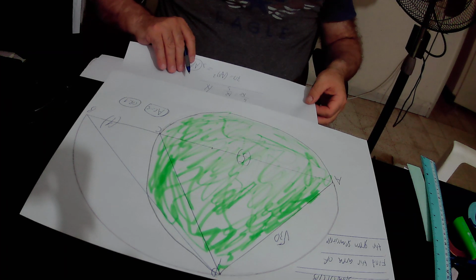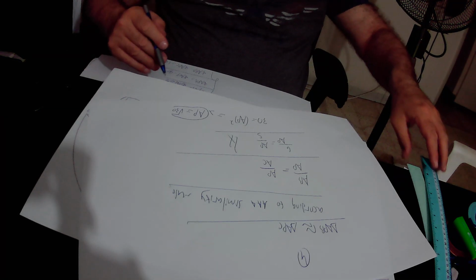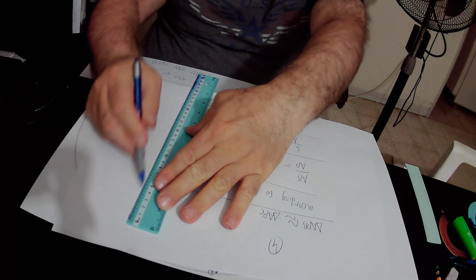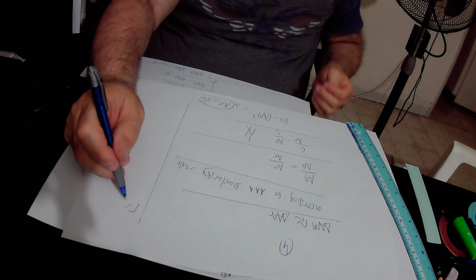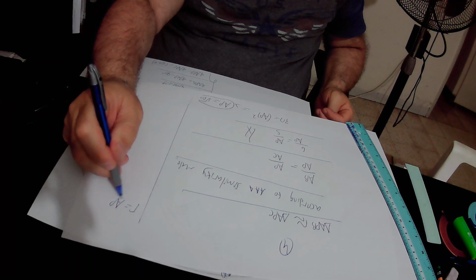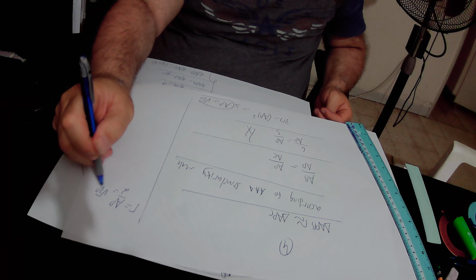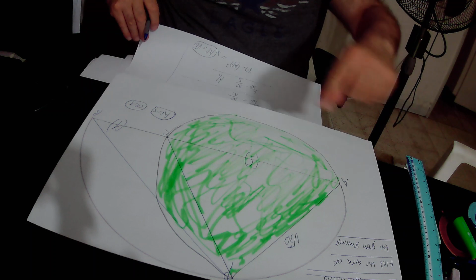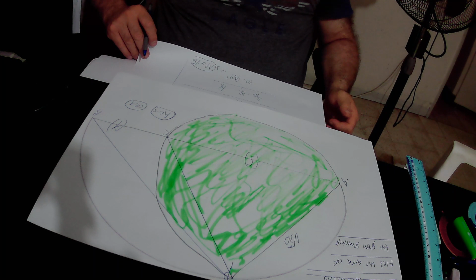So the radius of the green semicircle equals AP over 2. The radius R of the green semicircle equals AP over 2. AP is square root of 30, so it is square root of 30 over 2. So the radius R of this green semicircle equals square root of 30 over 2.